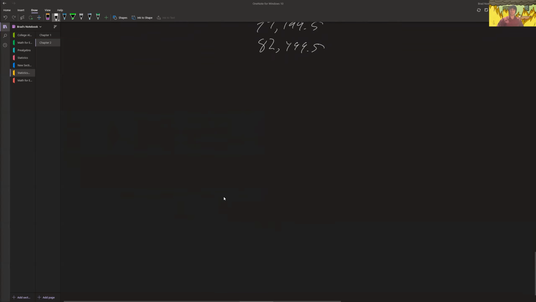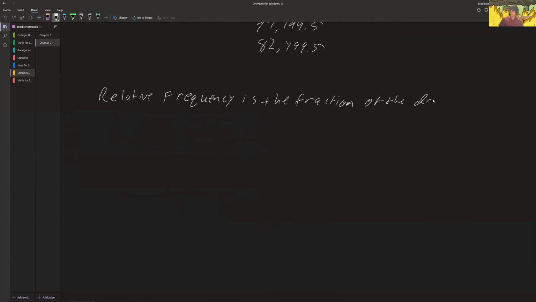The next concept I should mention is the concept of relative frequency. So relative frequency is the fraction, now this is sometimes given as a percentage, but you can just convert that directly, of the data values that lie in a class.